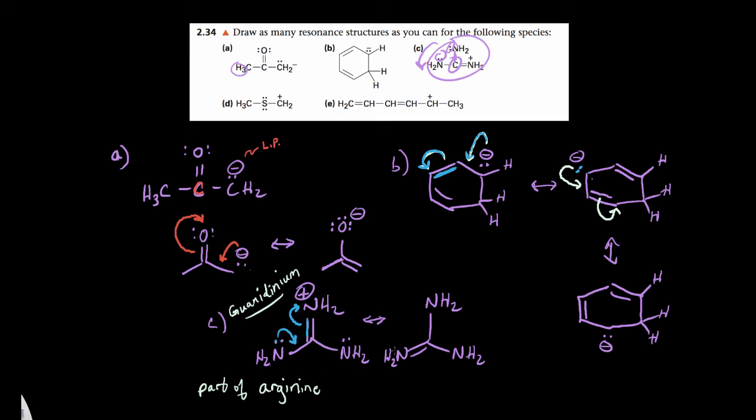Here, now nitrogen has 4 bonds, H2, and then these 2 bonds here. So you should quickly just see that that has to have a plus formal charge. And now this nitrogen has 3 bonds, 2 to the hydrogens and 1 single bond to this carbon. So now this is where the lone pair ends up, and it has no formal charge. And then this lone pair is here.